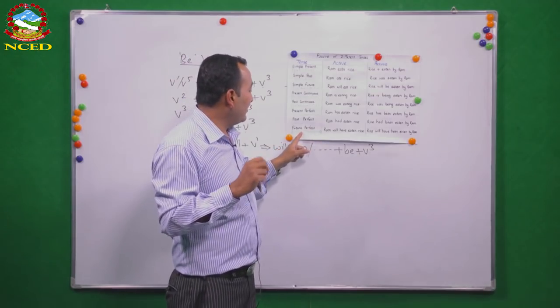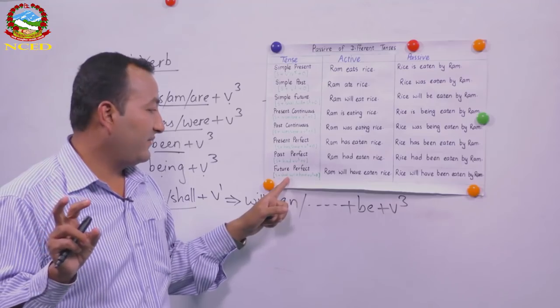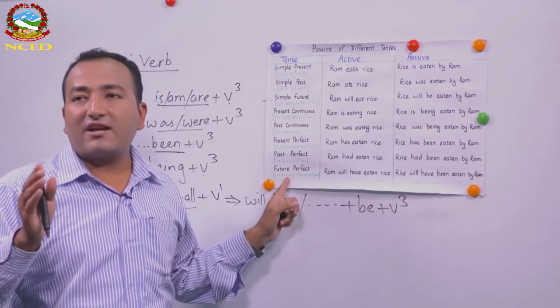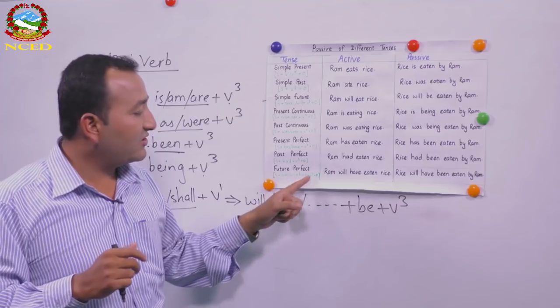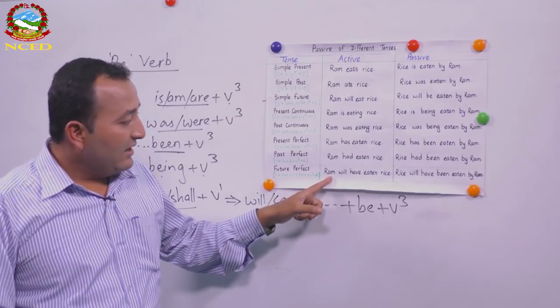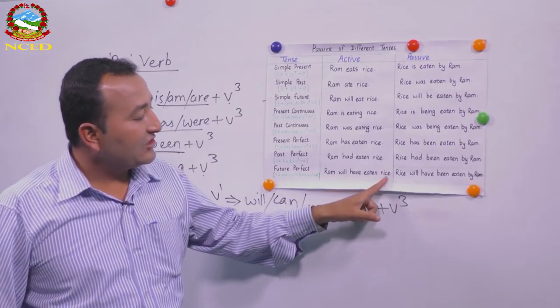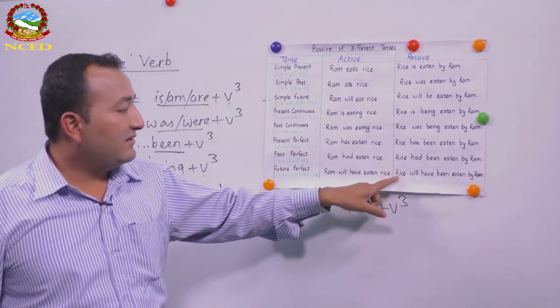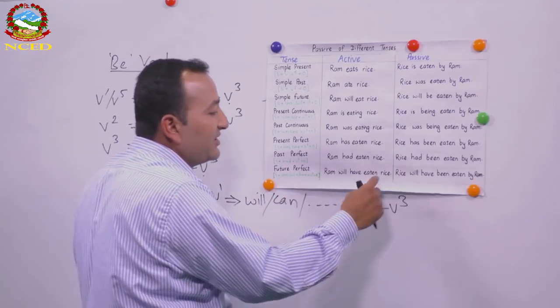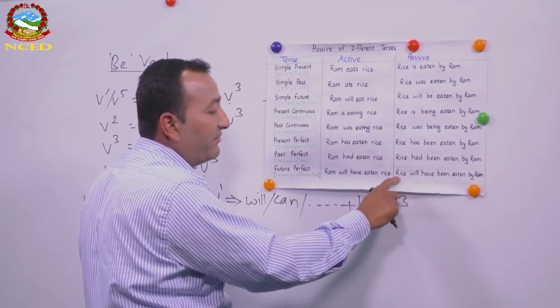Now, the last here, future perfect. Future perfect means subject plus shall/will plus have plus past participle, verb 3, plus object. So look at the example. Ram will have eaten rice. Will have eaten. Rice. Let's exchange the subject and object. Rice in the beginning.